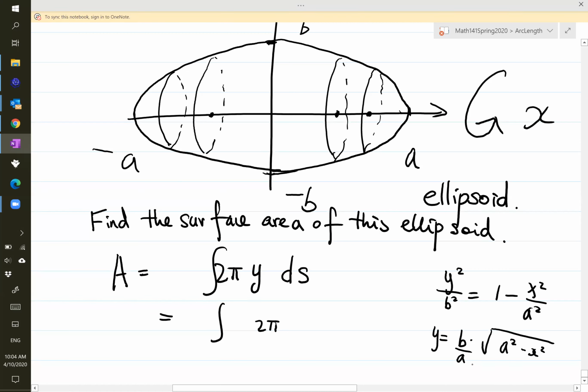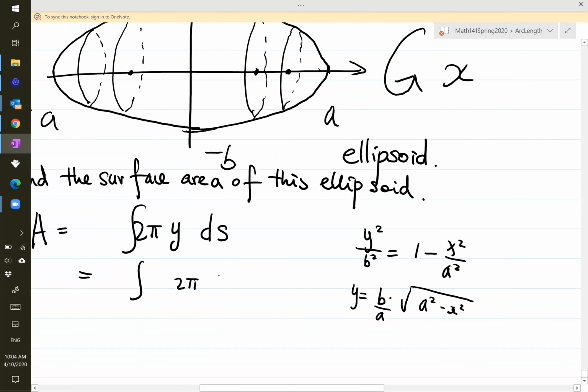Very easy to solve in terms of x. Now what is ds? ds is the square root of dx squared plus dy squared.